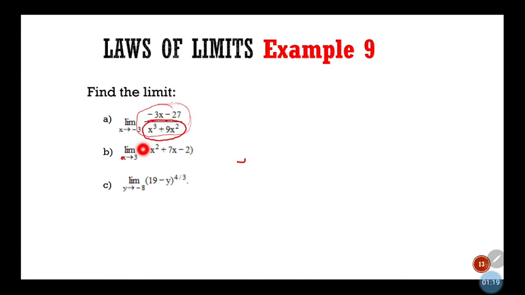We have to make sure that it does not equal 0. So let's check. So minus 3 to the power of 3, x cubed plus 9x squared. Kita gantikan dengan x approaching negative 3. So kita gantikan dengan x sama dengan negative 3. So negative 3 kuasa 3 tambah dengan 9 kuasa 2.